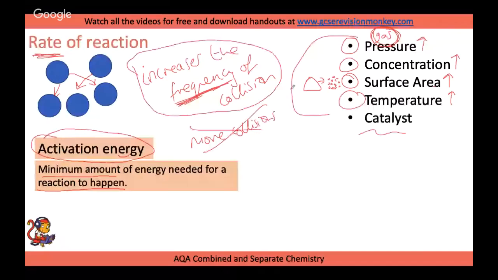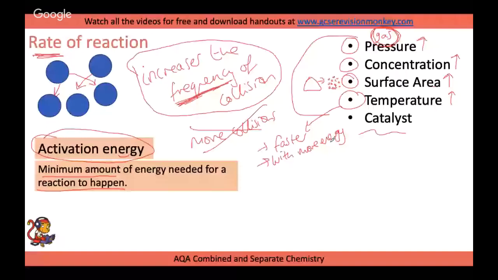Now for temperature, you need to add a few more things in. So for temperature, the particles are moving faster and with more energy because you're adding energy to the system. So include those bits in terms of the particles when you're increasing temperature.